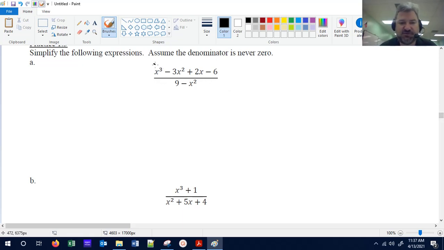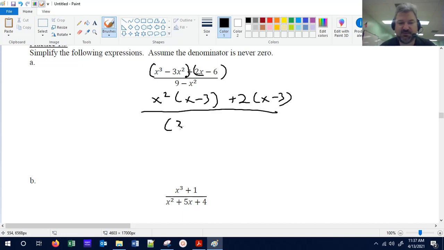Okay, on this one here, we should have used some grouping, I think. We get to factor out an x squared, and we get x minus 3. We get to factor out a plus 2, and we get x minus 3. Then in the denominator, we get 3 minus x and 3 plus x.